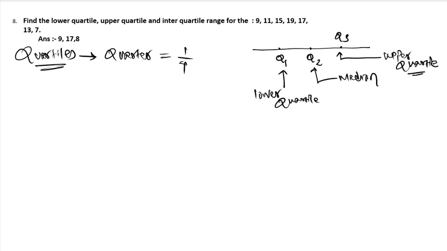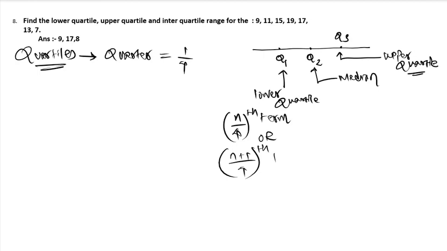So let's look at the formula. For lower quartile, the formula is n by 4th term, or n plus 1 by 4th term.